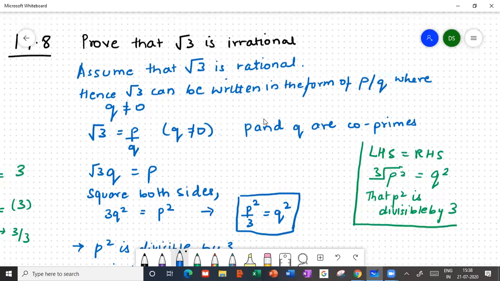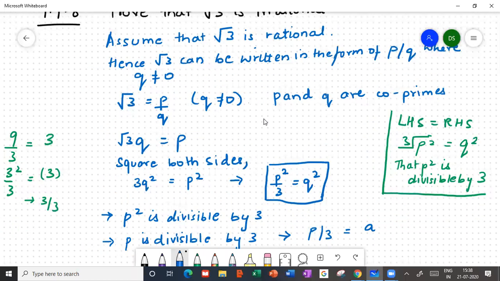Since we assume that root 3 is rational and these two are co-primes, we are going to show that they are not co-primes, and that our assumption is wrong, and that's why root 3 is irrational. This is the contradiction method we use to prove such results.